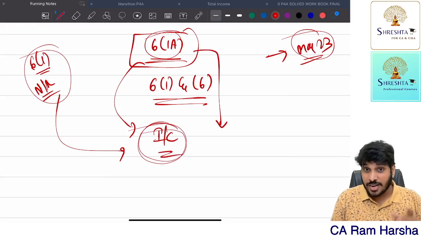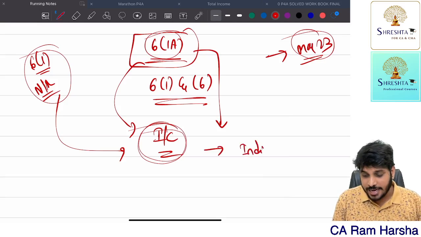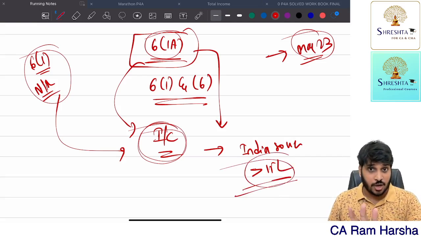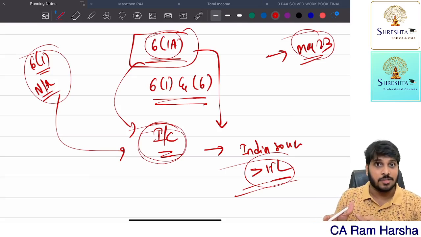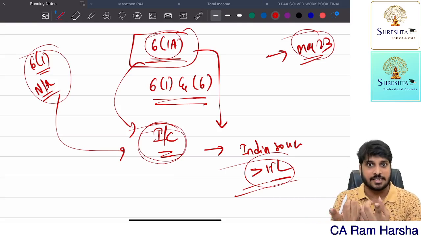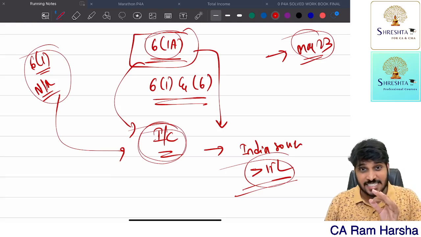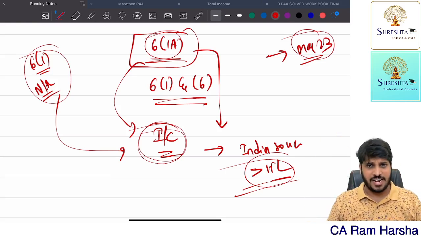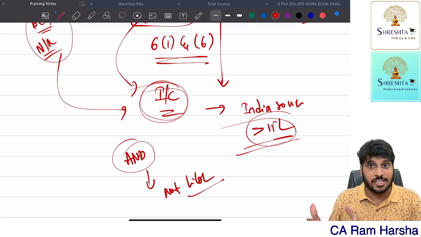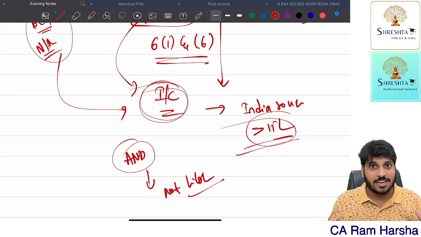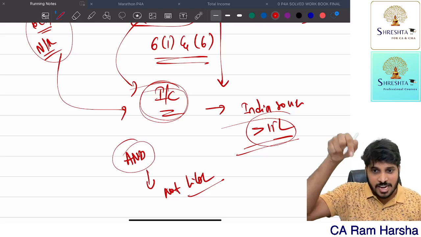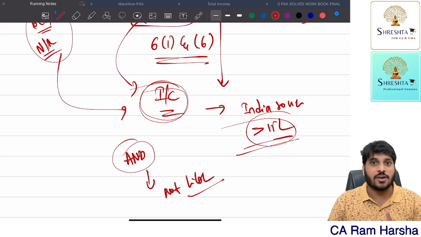As per 6(1A), if you are an Indian citizen and your total income, excluding foreign sources, exceeds 15 lakh, and you are not liable to tax in other countries, other territories, other domiciles, completely exempted from income tax outside India, and you have Indian source income exceeding 15 lakh, and you are an Indian citizen.